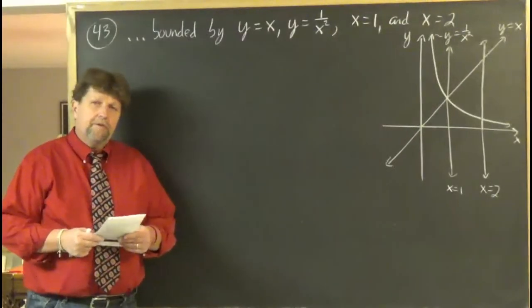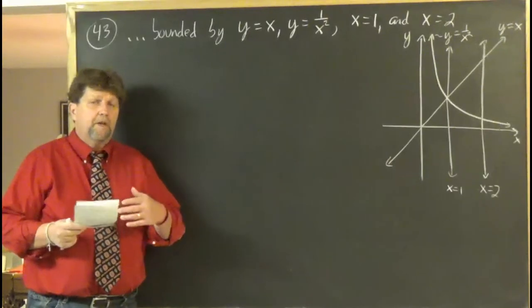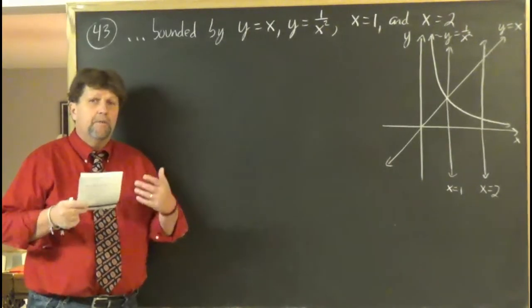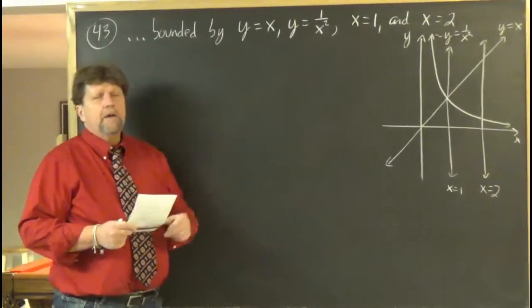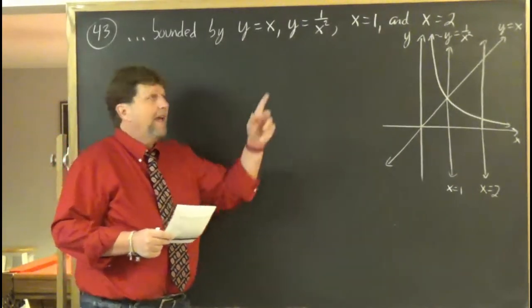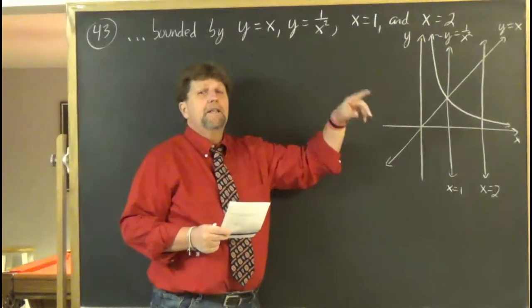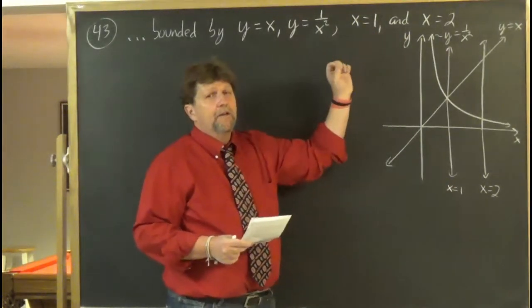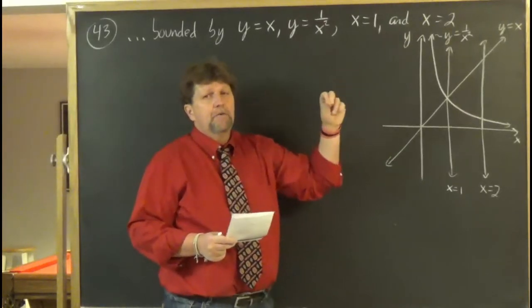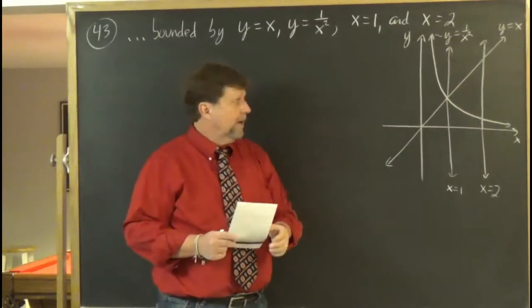All right, folks, on number 43, I didn't write down all the directions, but you were asked to find the area of the region that was bounded by y equals x, y equals 1 over x squared, x equals 1, and x equals 2. Remember, I think the book had y equals 0 here, and I told you to change that to x equals 1. The book has an actual typo there.